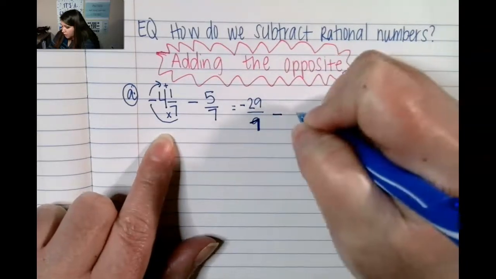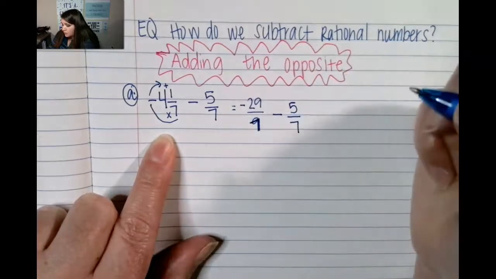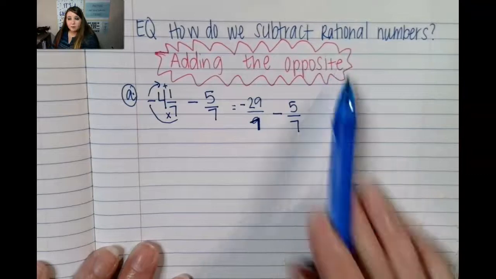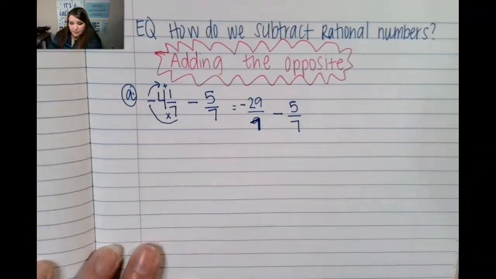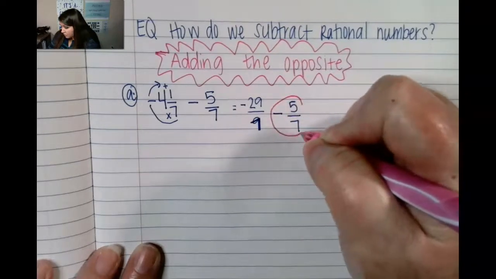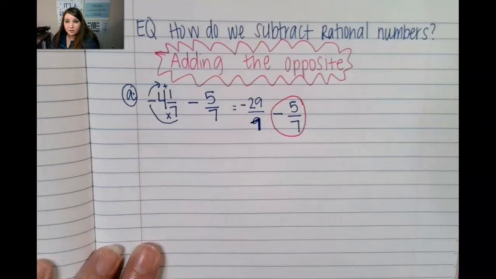And we are subtracting 5/7. So now what we're going to do is we are just going to add the opposite. And when I say add the opposite, I mean I am going to add these two numbers and use this symbol with it.